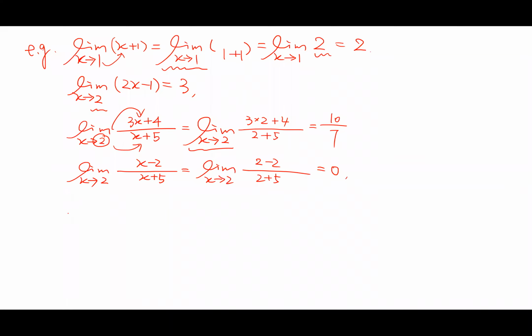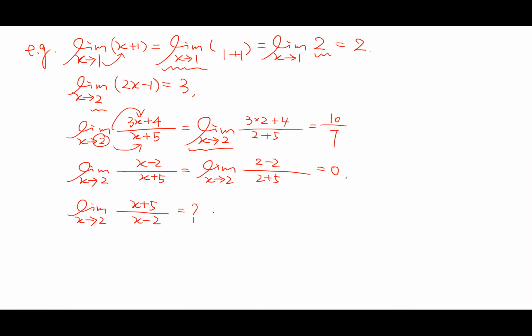Okay, and next one, x approaches 2, (x plus 5) over (x minus 2). So now, infinity. Yeah, a different answer appears, right? Here we also use the substitution rule.